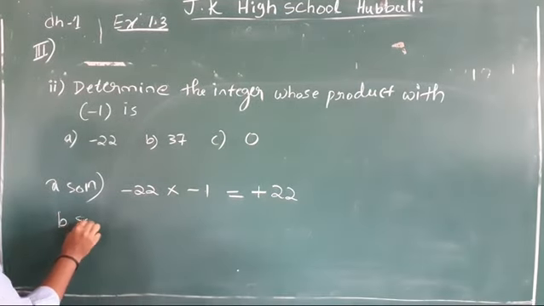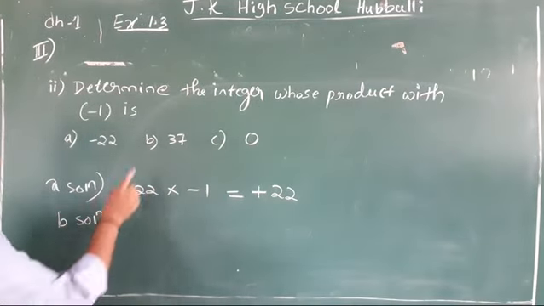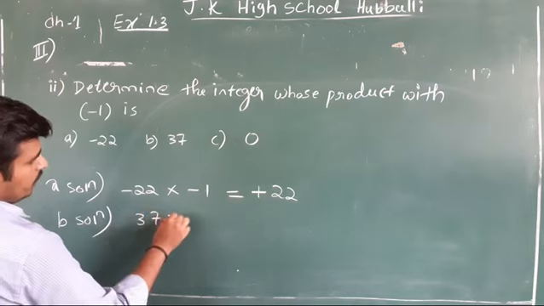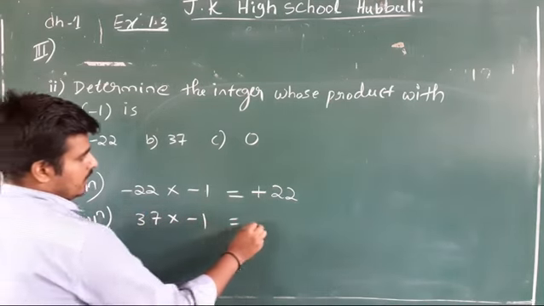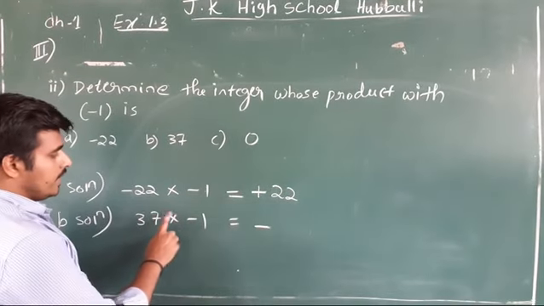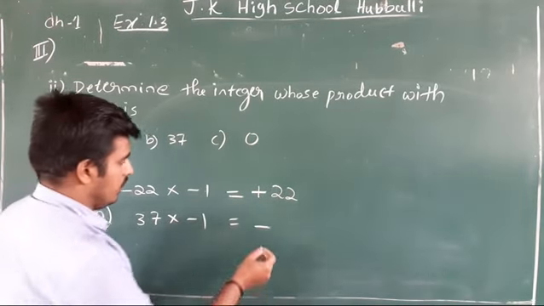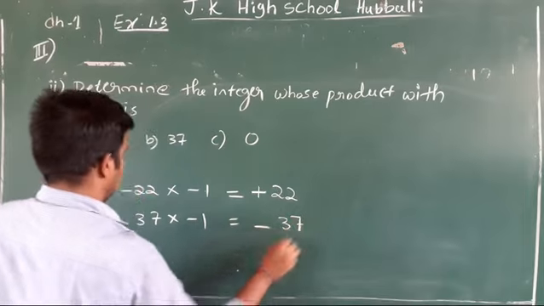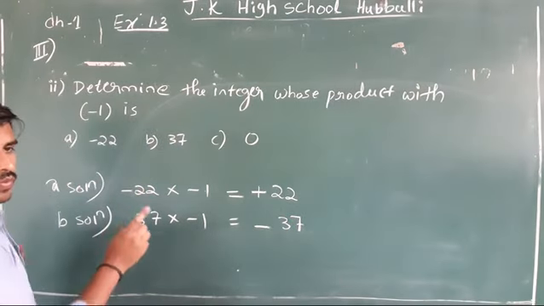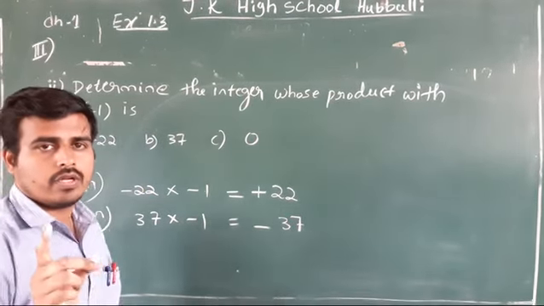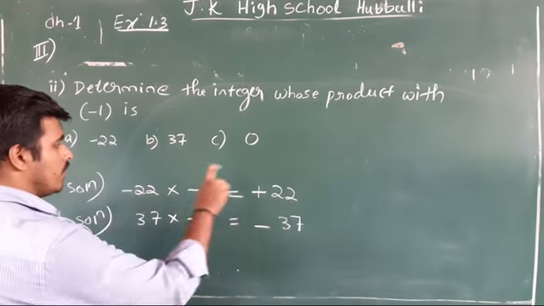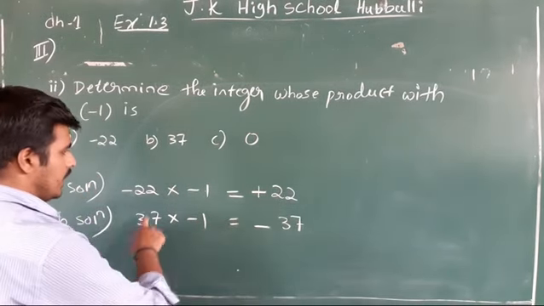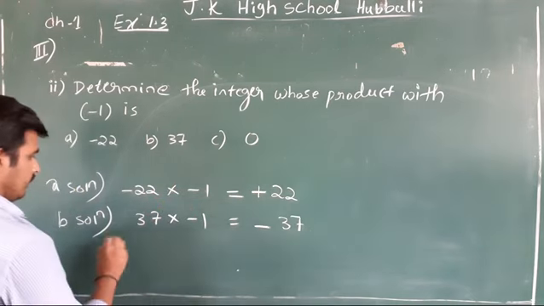B solution: 37 into minus 1, plus into minus will give you minus, 37 into 1 will give 37. I told you, if you multiply minus 1 to any number, you will get the additive inverse of that number. Minus 22's additive inverse is plus 22. 37's additive inverse is minus 37.